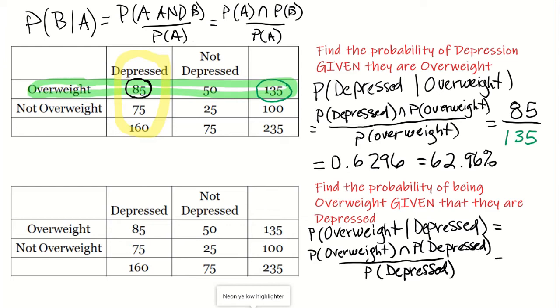So I'm going to want to find my denominator first. So I'm looking for the depressed participants, and I want to get all of the depressed. The probability of all of the depressed participants, so that is going to be 160. And that's going to be my denominator, probability of depressed.